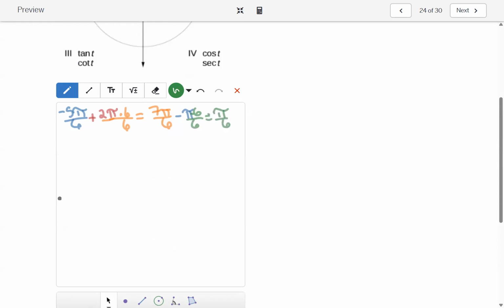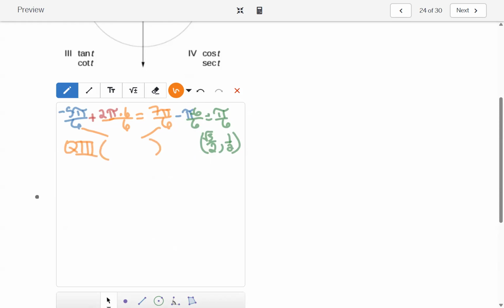Now my ordered pair for pi over 6, that's 30 degrees, so it's closer to the x-axis. The x is longer. So square root of 3 over 2 and 1/2. When we look back at our negative 5 pi over 6, which is coterminal with 7 pi over 6, those are in quadrant 3.